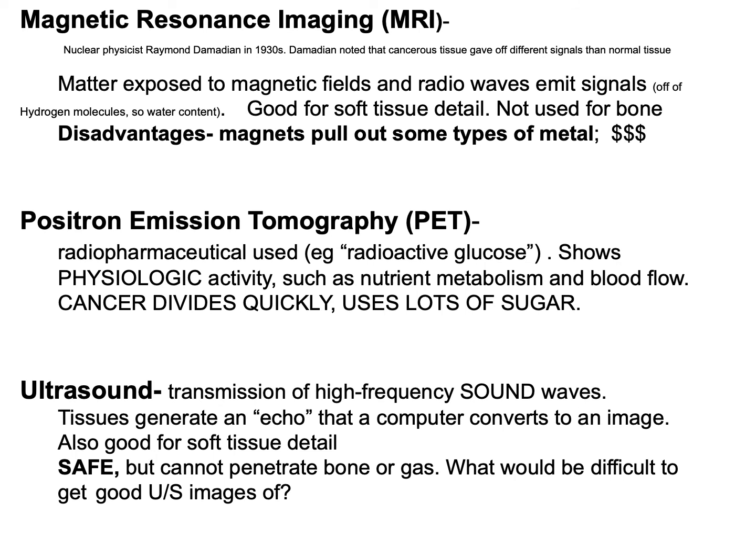The disadvantage is because it works on magnets, certain kinds of metal can actually be ripped out of your body. Every year I have somebody ask me what kind of metal, and I'm not sure. But it's not going to be gold. It's not going to be silver. Maybe certain things that have been used to pin a bone or shrapnel from war.